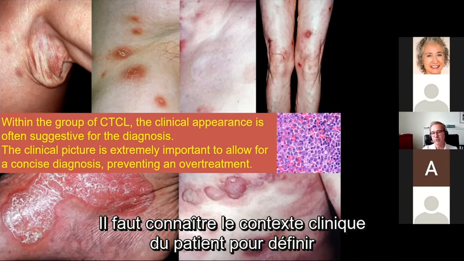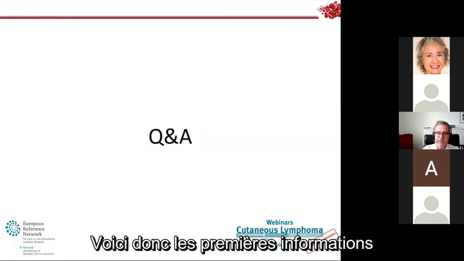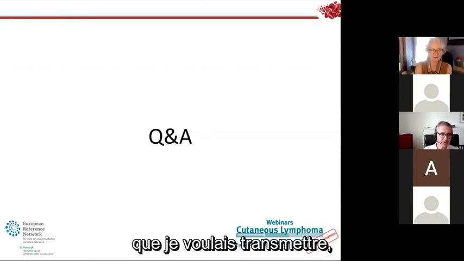And so you have to know the clinical setting of the patients in order to define the proper treatment for the patient. So this is my first set of information I wanted to give you.